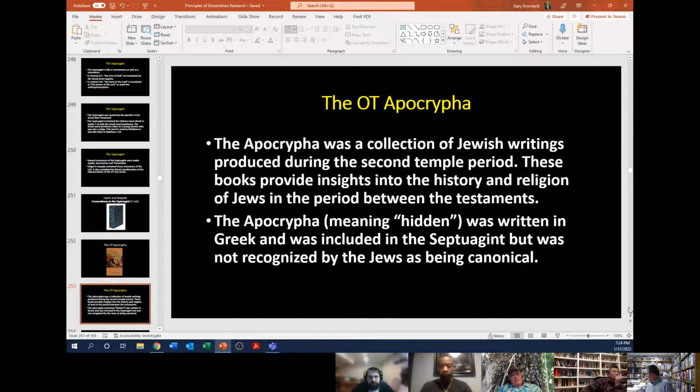And I'll go back and get our textbook here. So the great thing about the textbook that you're going to be reading, Ancient Texts for New Testament Studies, is we talk about primary source would be the Apocrypha.